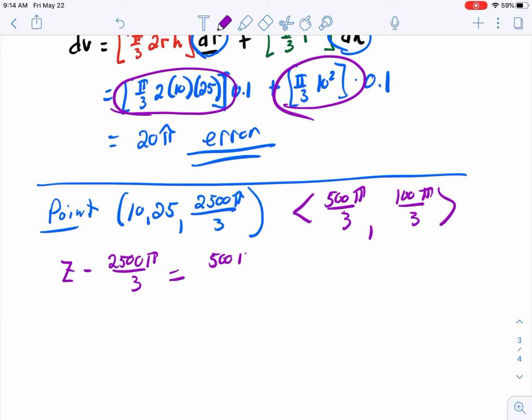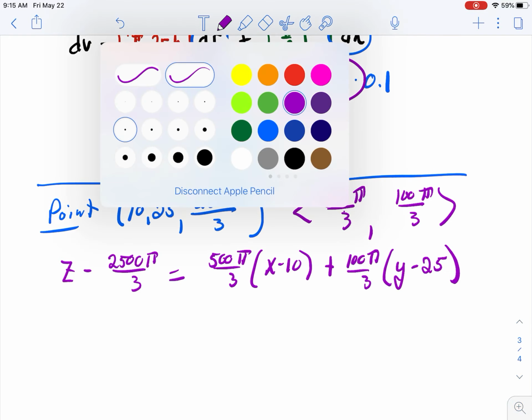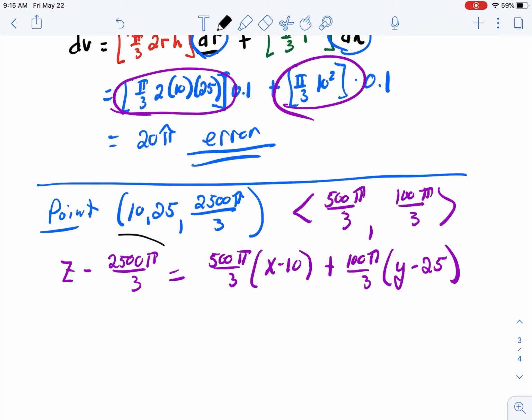My slope, 500 pi over 3, times x minus 10, plus my slope, 100 pi over 3, times y minus 25. Okay, let's clean this up a little bit. I might clean this up by moving this to the other side.